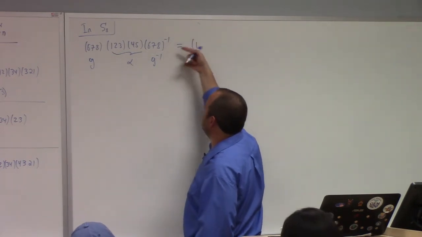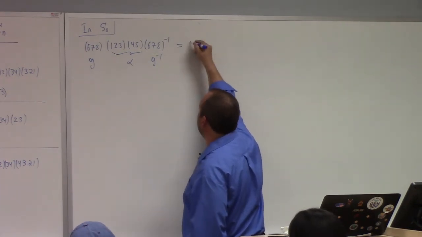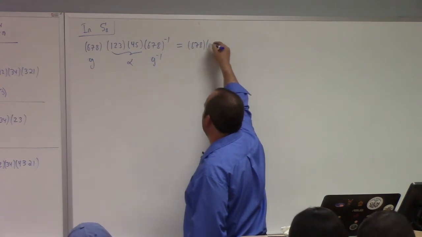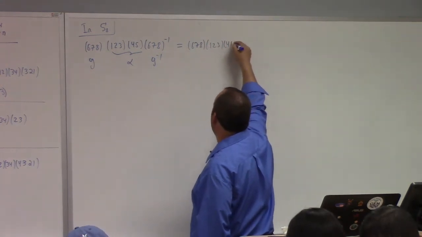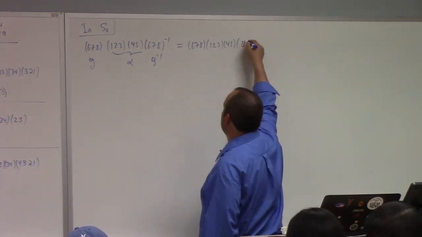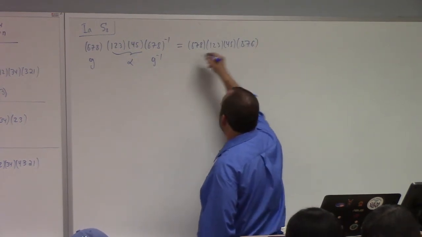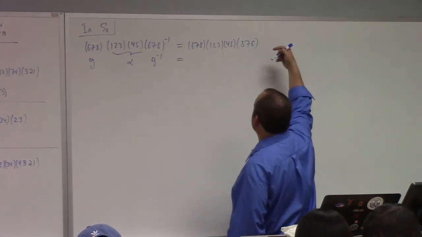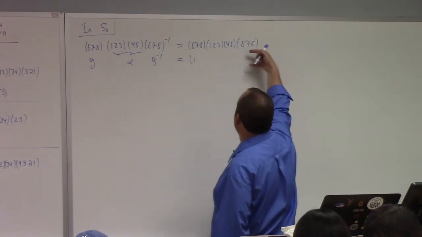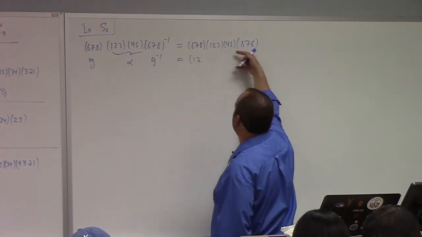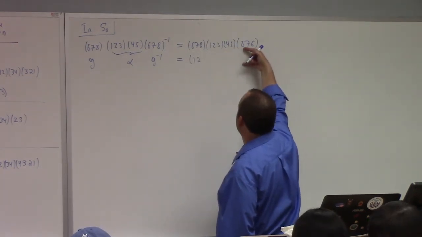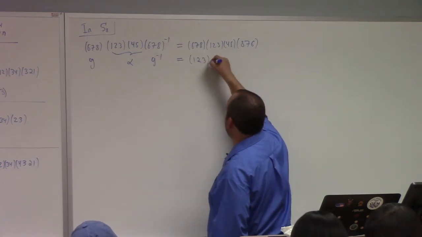Let me rewrite that. 6, 7, 8. 1, 2, 3, 4, 5. 8, 7, 6. So 1 goes where? 1 goes to 2. 2 goes to 3.